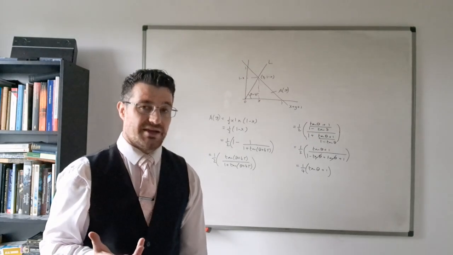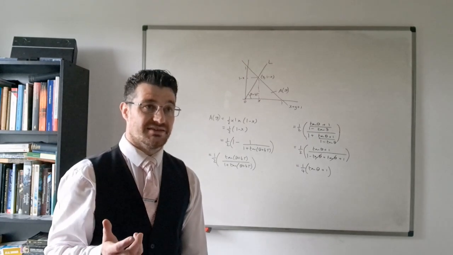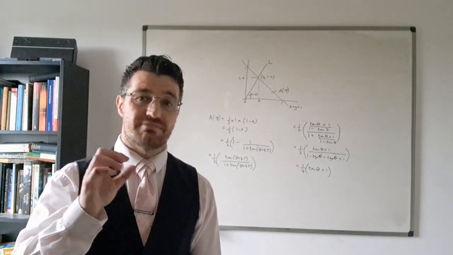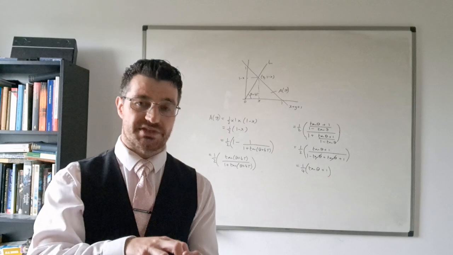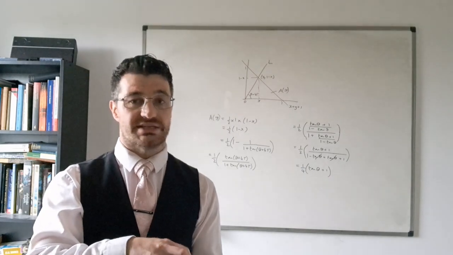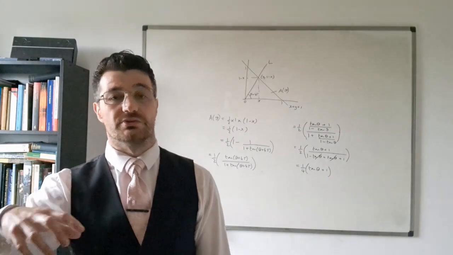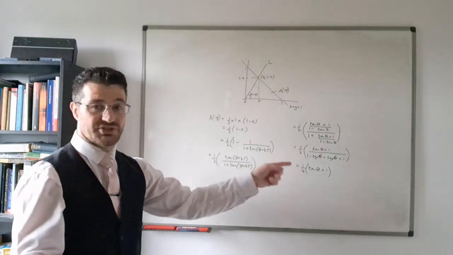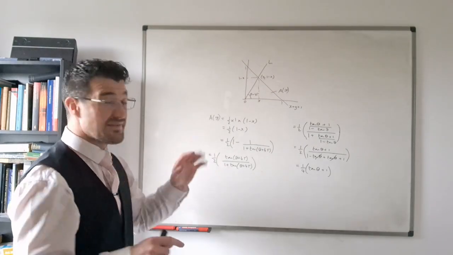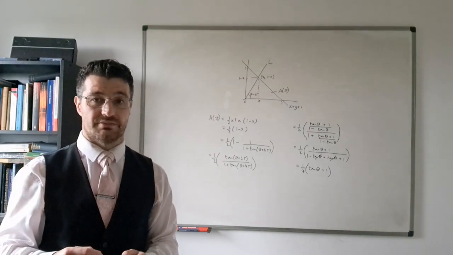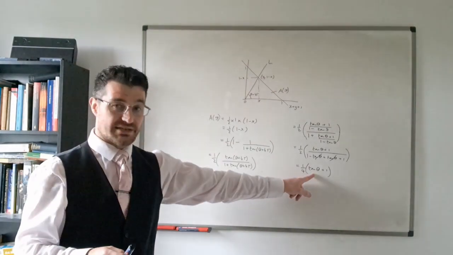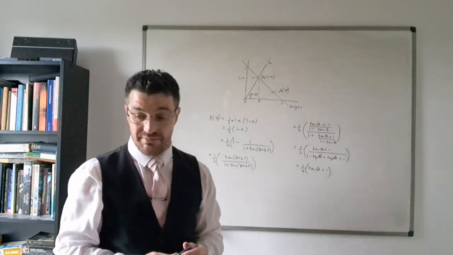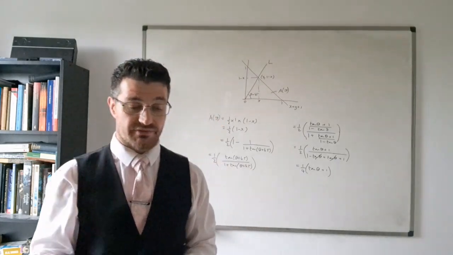The answer might be, well, you might not lose marks specifically for not simplifying, but you might lose marks because if you don't simplify, you might not be able to see what you need to see in order to do subsequent parts of the problem. So if you didn't do this simplification, the next part of this question is going to be very difficult for you. This is going to be much easier for you to work with. You might be shooting yourself in the foot by not doing the simplification.